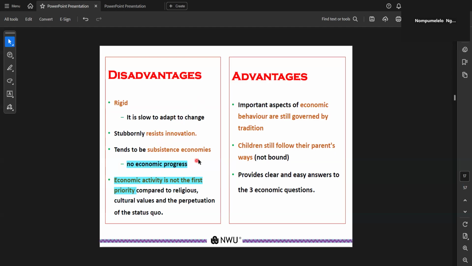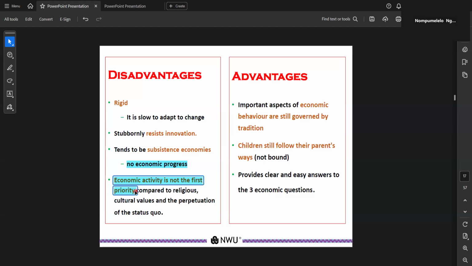And also, there is no economic progress, mainly because economic activity is not their first priority. In traditional systems, when they produce goods and services, they do not have economic activities in mind. Economic activities are basically employment, economic growth, and so on.